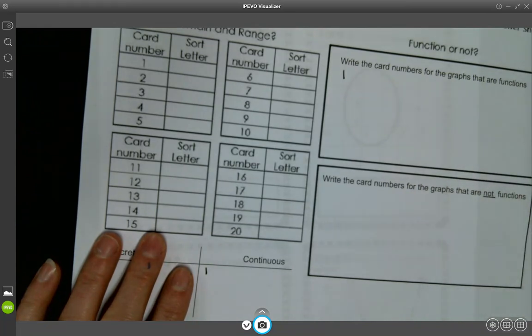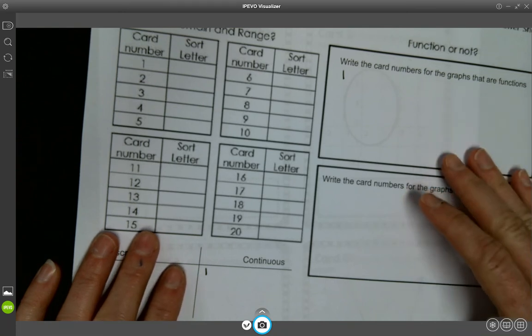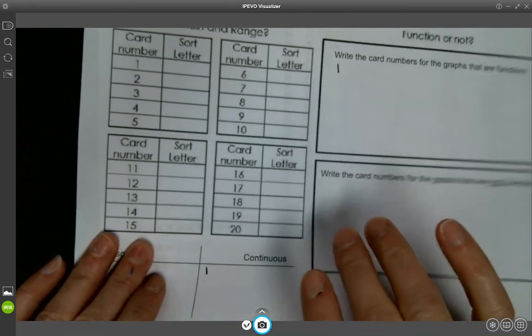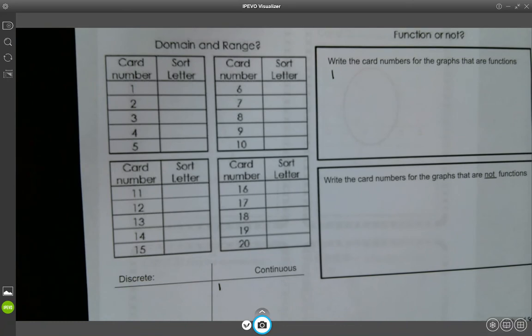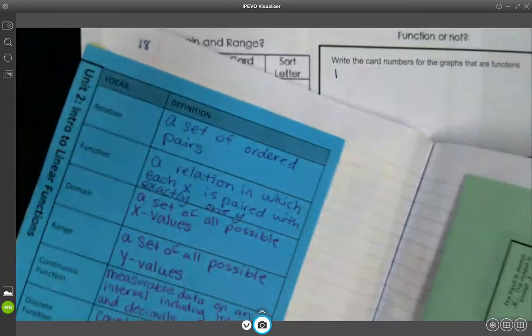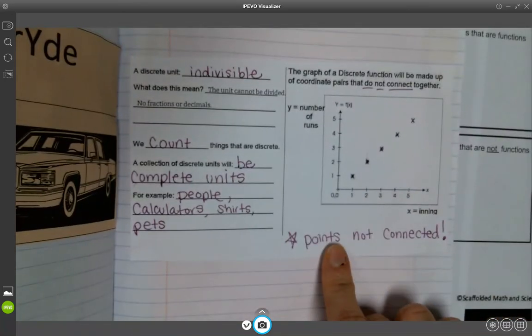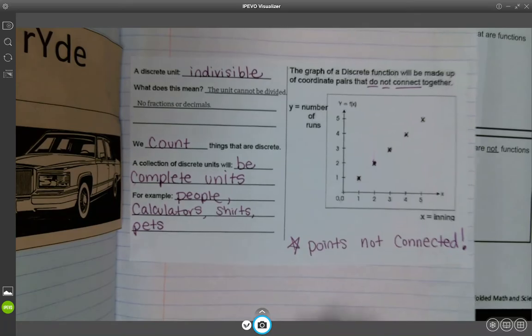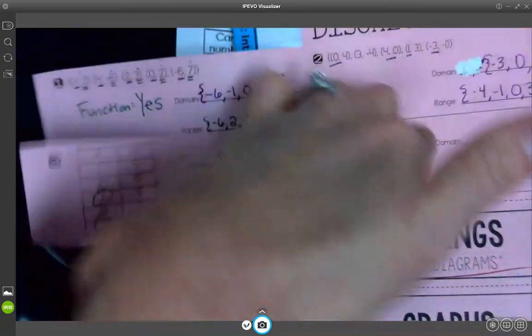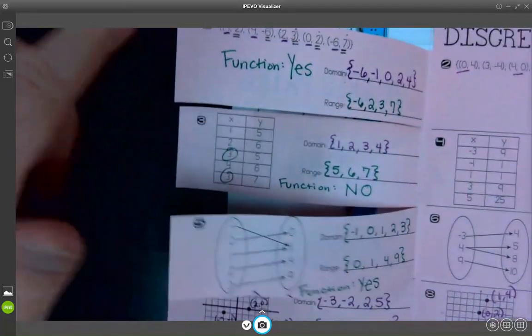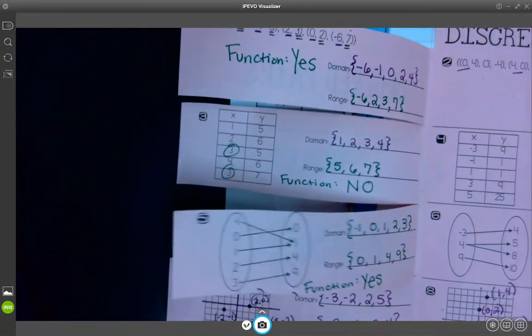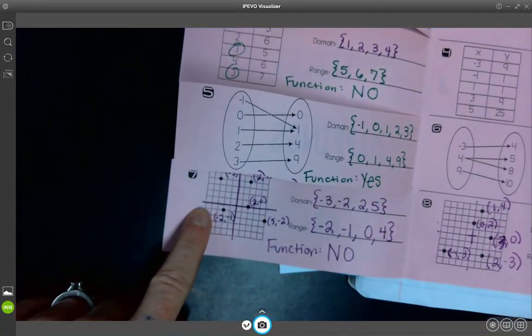Wait, so how do you tell from the picture if it's discrete? Discrete, remember, look at your notes. How does a graph look for discrete? Discrete, points are not connected if it's a graph. And for discrete, they're written as ordered pairs, tables, mappings, or points on a graph.